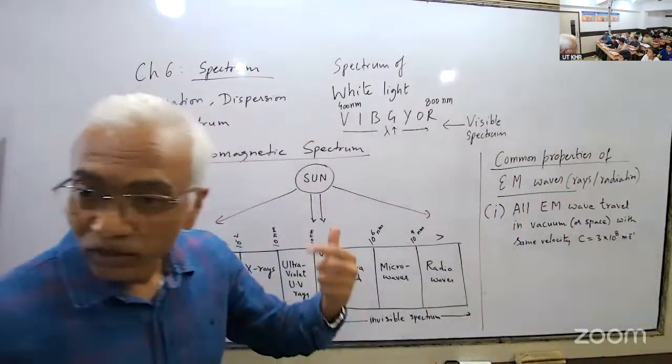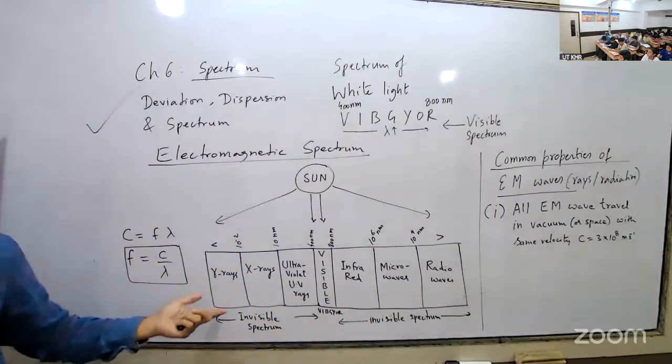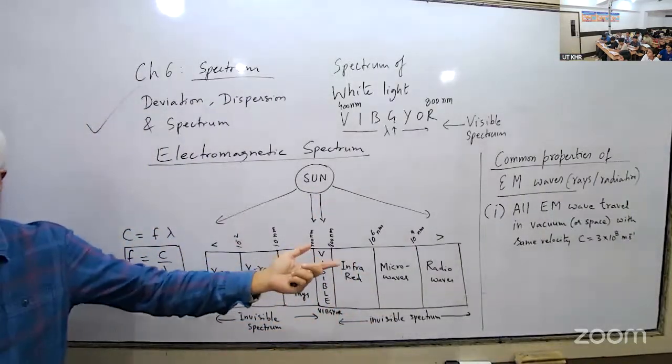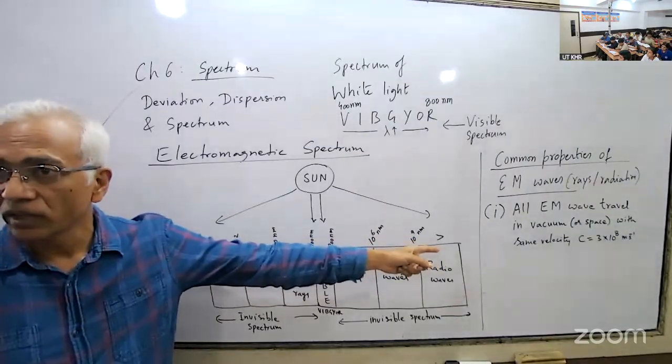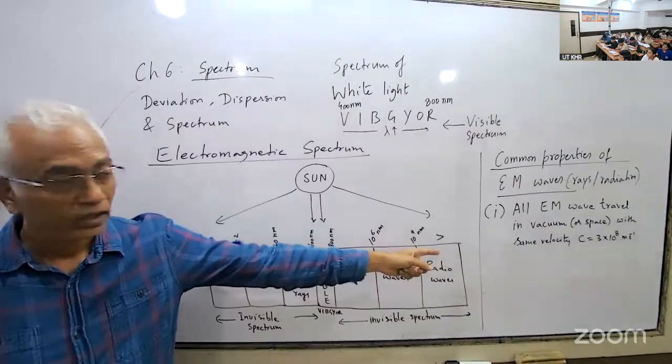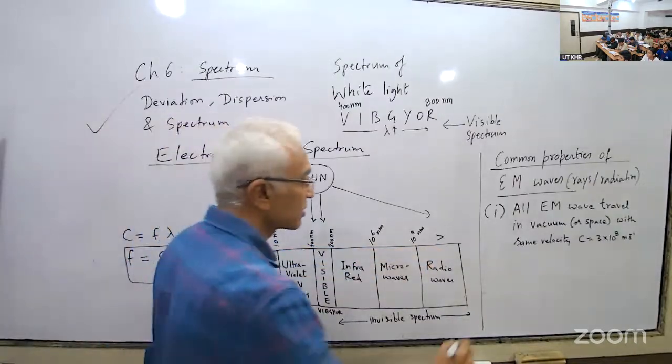So the speed of light, or the speed of gamma ray, or the speed of microwave, radio wave, they all travel with this speed, 3 into 10 raised to 8 meters per second. Okay. Next.